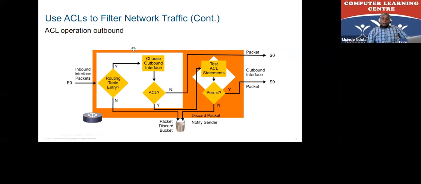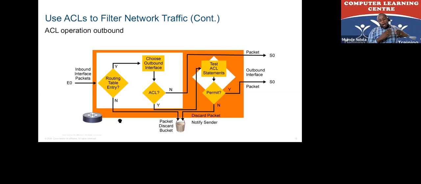If you apply the access list inbound, it will be applied even before the route lookup. If you apply it on the outbound interface, the traffic first gets into the router, the router checks the routes and determines the egress, or outbound, interface.